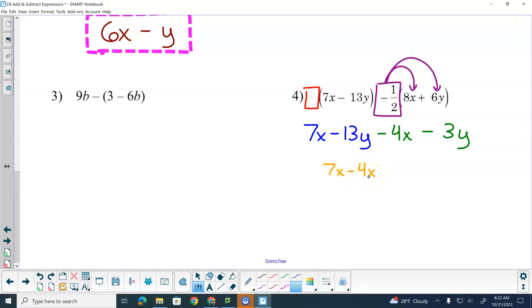What's like with the y? 7x minus 4x is 3x. Negative 13y minus 3y is negative 16y. They're both negative, so add them together. Sign. Yep. And that is all.